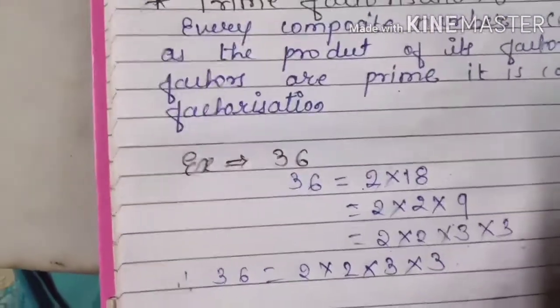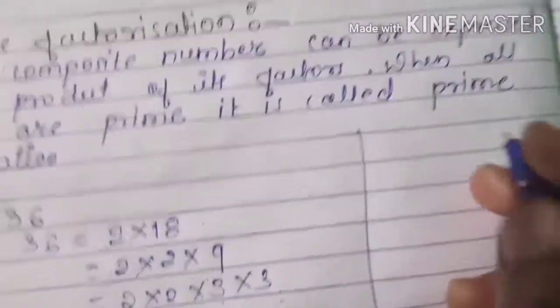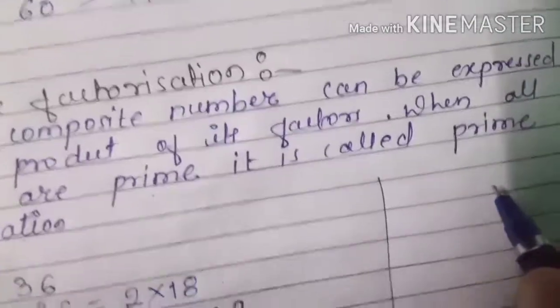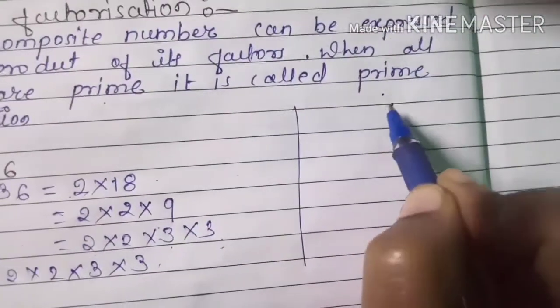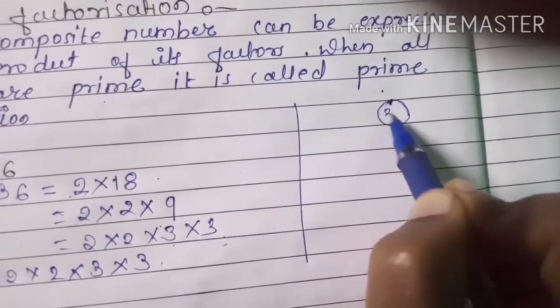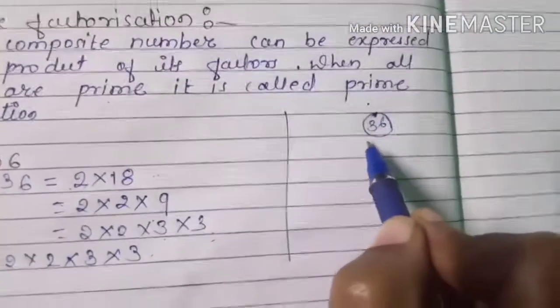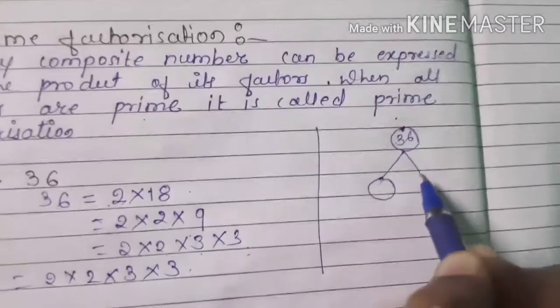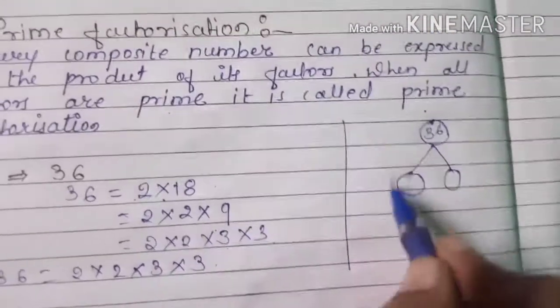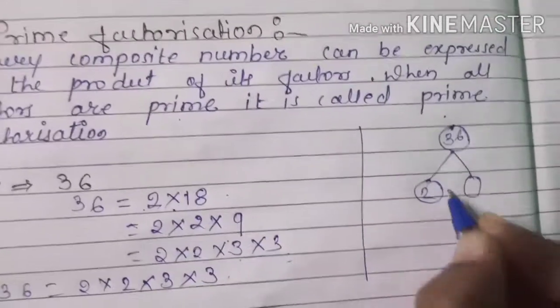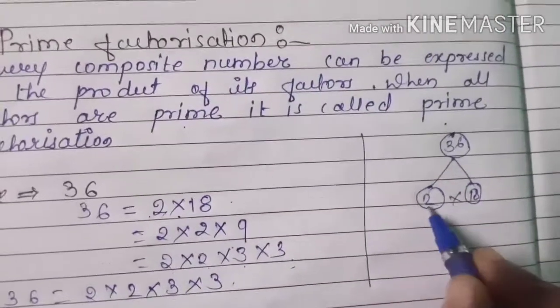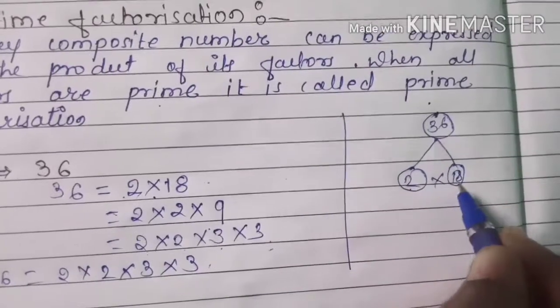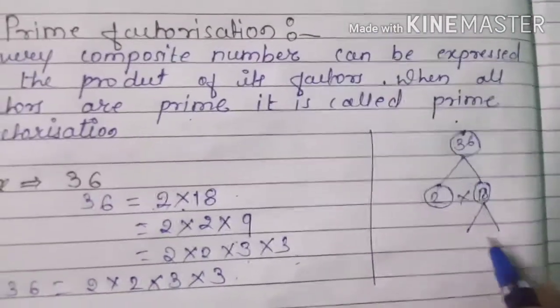Or we can do this by drawing the factor trees. So whatever number is given, you have to write down in a small circle, that is 36. So start the factorization. First make the two factors, that is 2 into 18. Then 2 is a prime number, so we can factorize this 18.